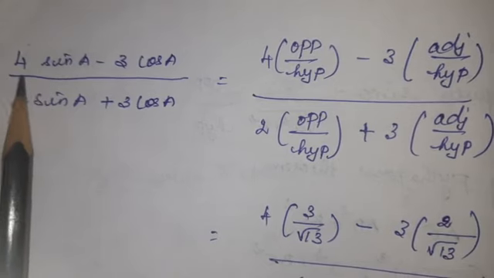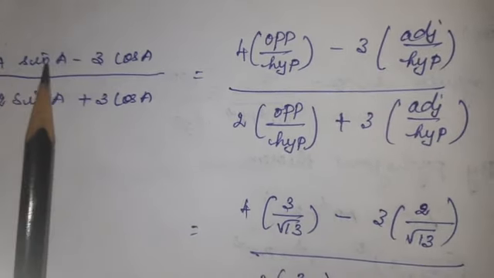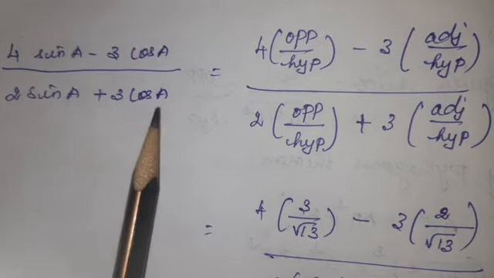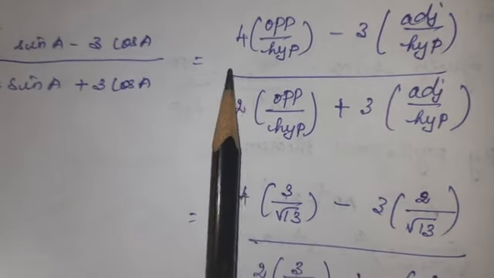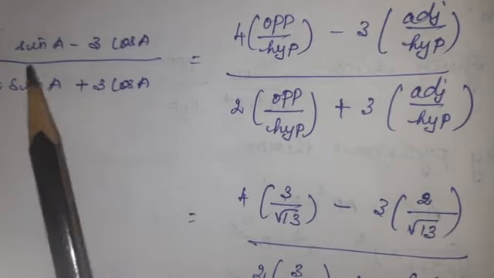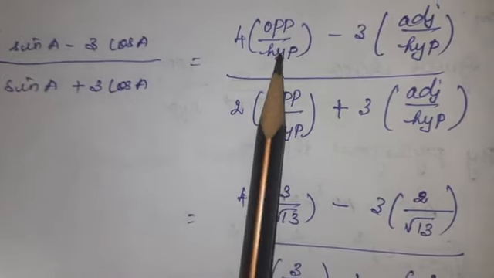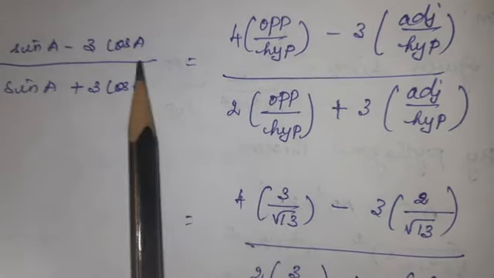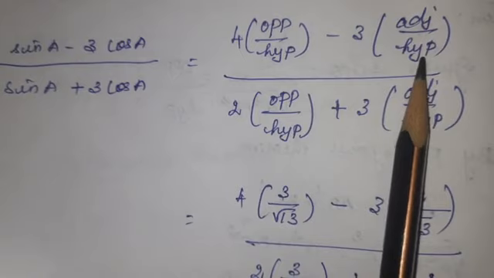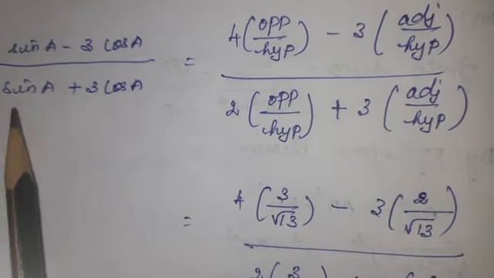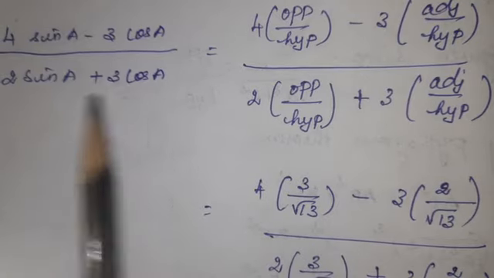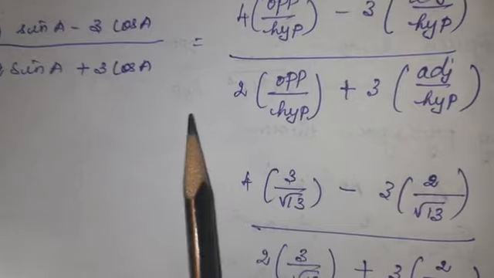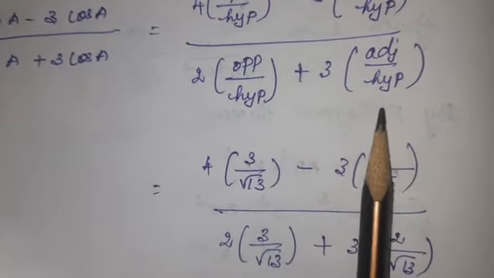In that question, they asked us to find 4 sin A minus 3 cos A divided by 2 sin A plus 3 cos A, is equal to 4 into sin A. Here, in the sin formula I have written opposite by hypotenuse, minus 3 into cos formula is adjacent by hypotenuse. The whole divided by, likewise, 2 into sin formula is opposite by hypotenuse plus 3 into cos formula is adjacent by hypotenuse.